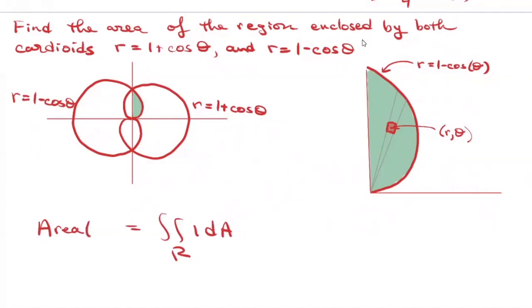Let's say area R. But be careful, we're only doing a quarter of the region, which they're calling R. So let's multiply this by 4, because we need 4 of these. Okay, any questions?